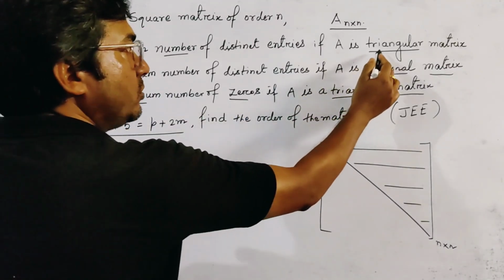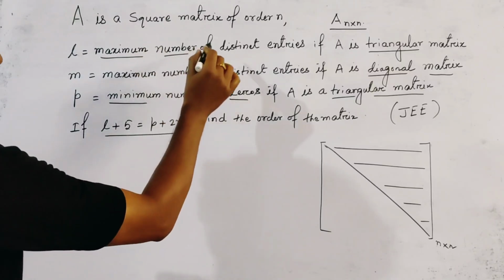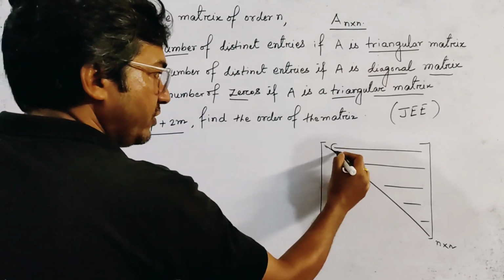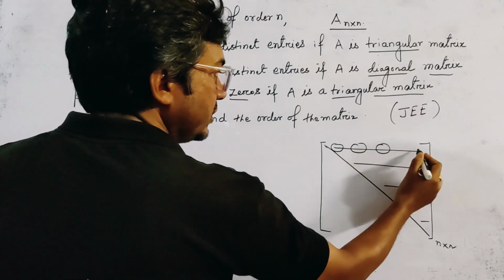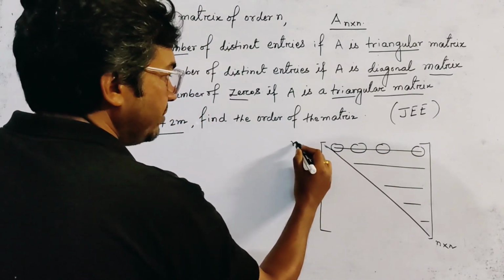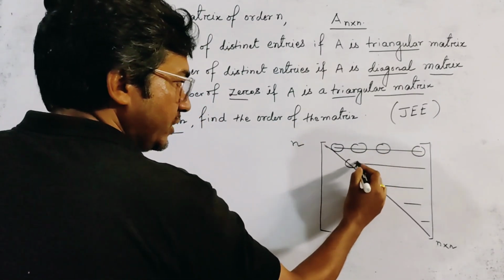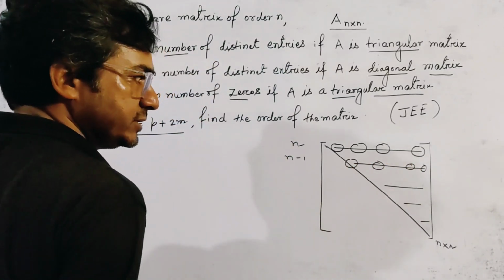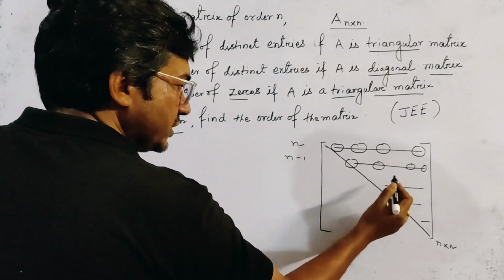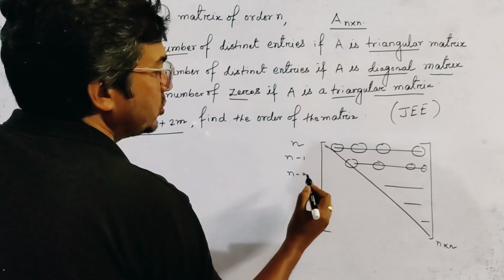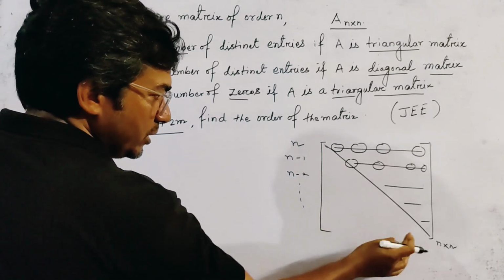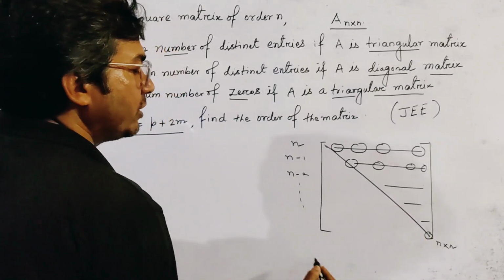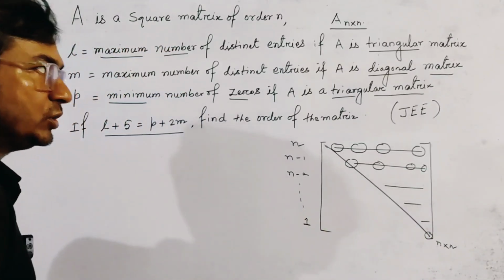So for the upper triangular matrix, the maximum number of distinct entries is given by: for the first row there are n elements, for the second row there are n minus 1 elements, for the third row there are n minus 2 elements, and so on. For the last row there is only one element, on the principal diagonal position, this is 1.